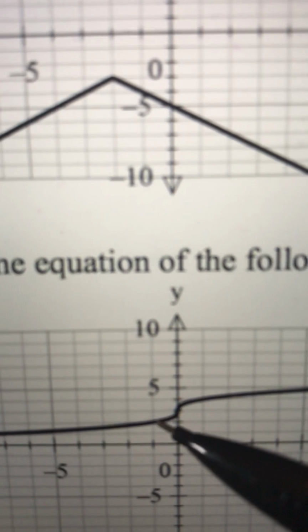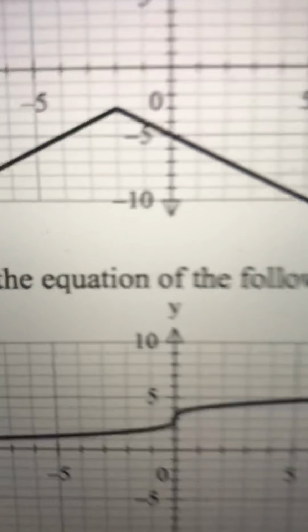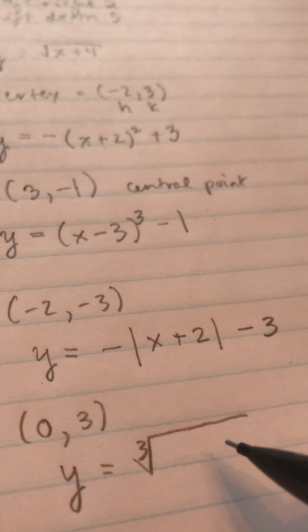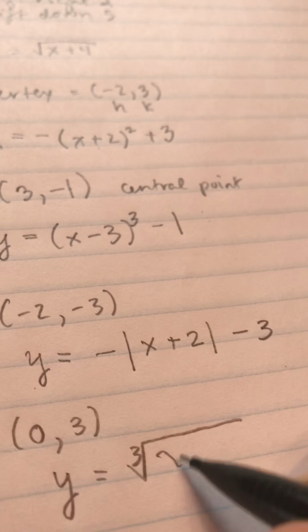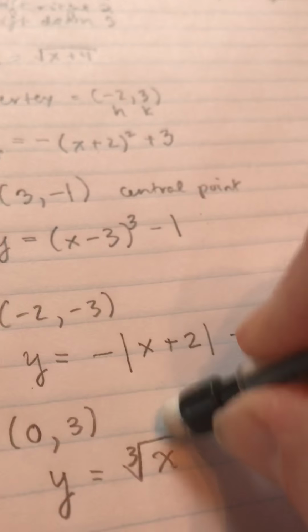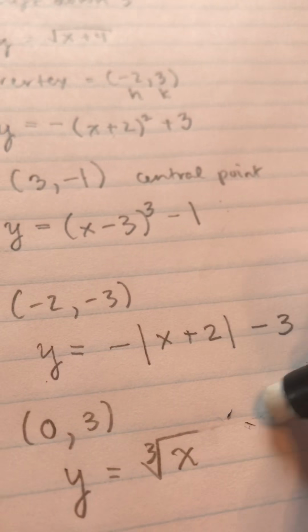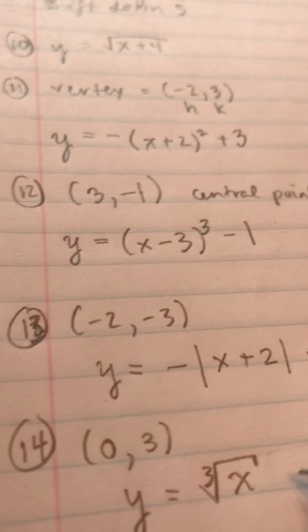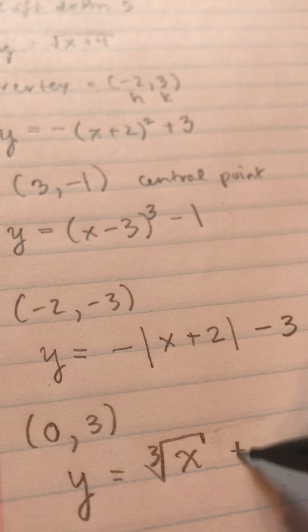If you go over to the left 1, it's just down 1. So no stretch. So just a positive cube root. There's no shift horizontally, so there's nothing inside with the x, inside the radical. So just the cube root of x, and then a shift up 3. So +3 is outside.